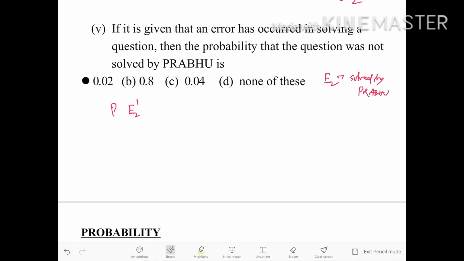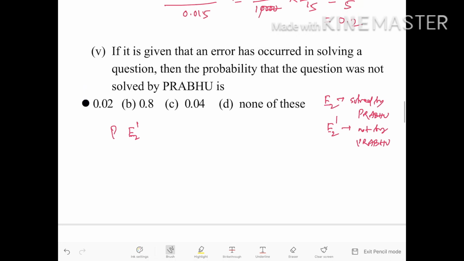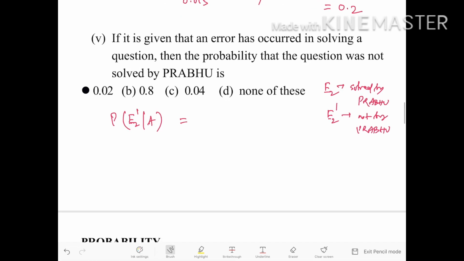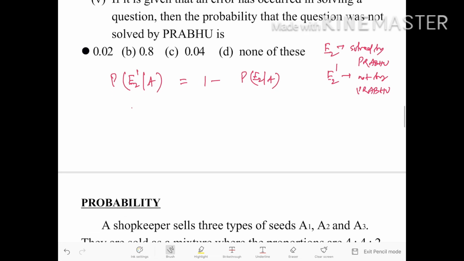But here we have to find the probability that the question was not solved by Prabhu. So it is E2 dash, not by Prabhu. That means we have to find probability of E2 dash condition to A. And we know this is nothing but 1 minus probability of E2 condition to A. That means first we have to find probability of E2 condition to A, then you subtract from 1.